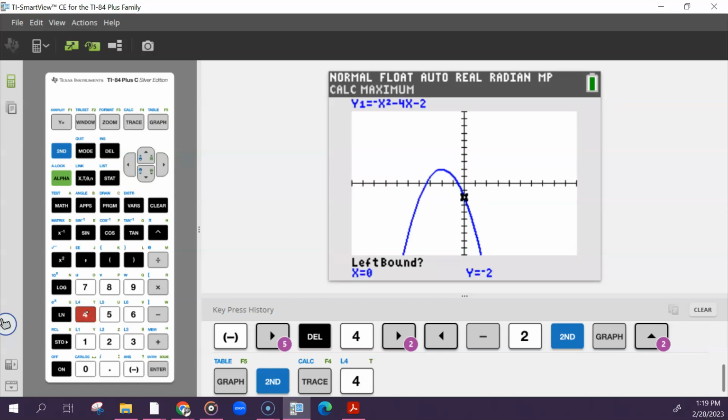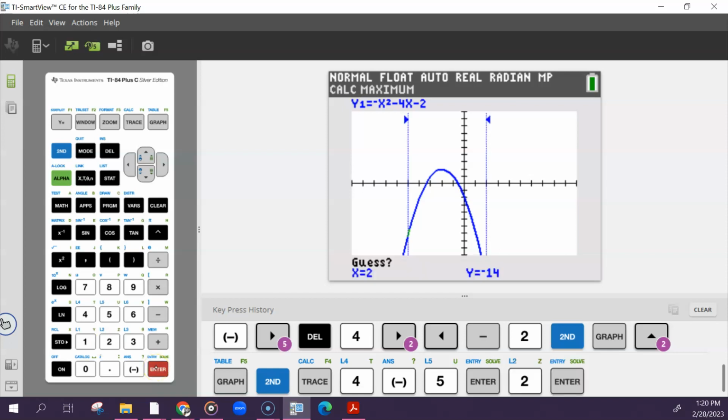But this process is the same. Find some number to the left of this, so like negative 5, and some number to the right of this, so like 2, 0. Any of those would work. And then hit enter again. And again, it did the decimal thing, but it is negative 2, 2.